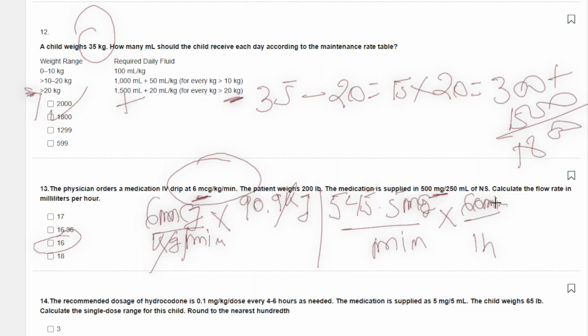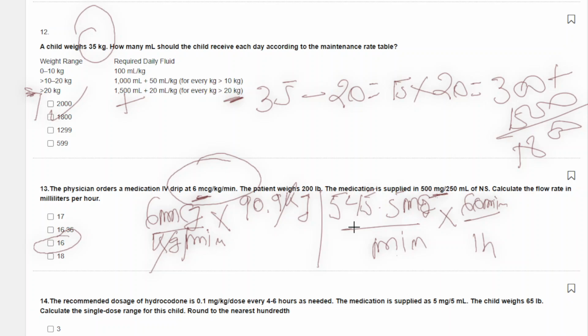When I do that, minute and minute will cancel out. 60 minutes divided by 1 hour is 1, so it's not going to change my initial value, but it helps me cancel the unit. That's why in step number 2, you multiply by 60. Once you multiply by 60, now you have 32,727.27.